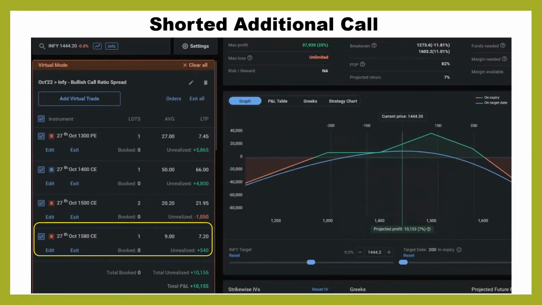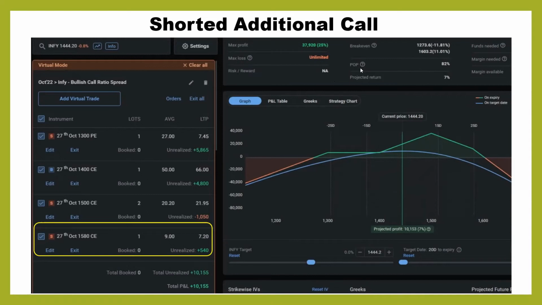So to cover that, I sold one more 1580 call for 9, right? With this, what is my spread now? 1:3. This is what I told you is called a leverage spread, right? 1 bought, 3 sold. I have been utilizing my margin. I mean, I'm taking more risk.